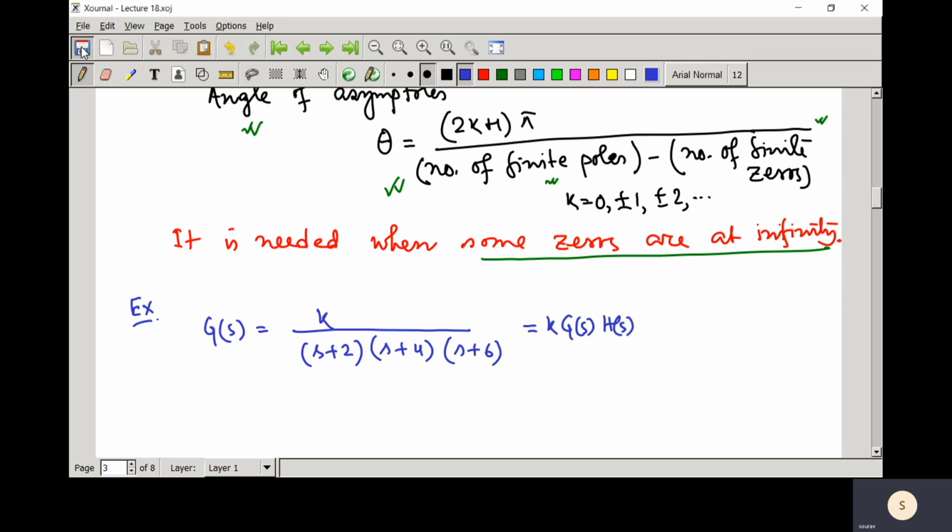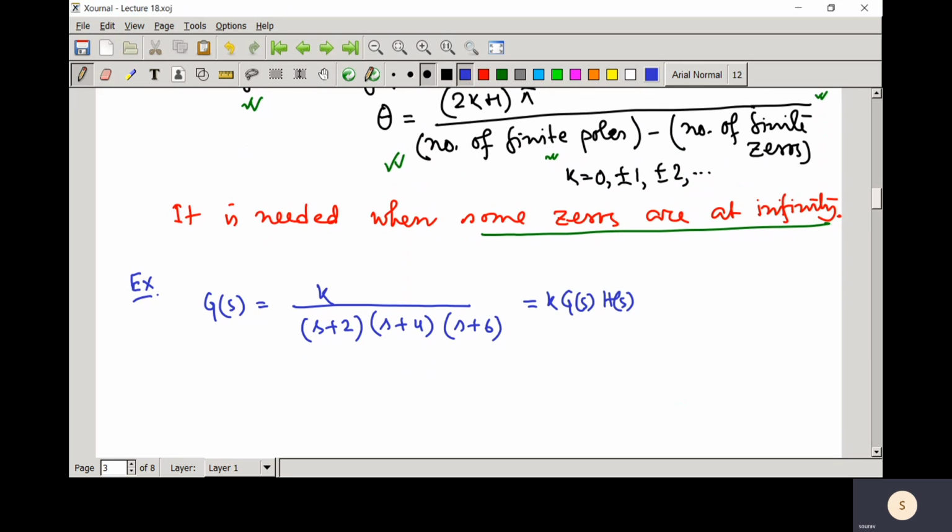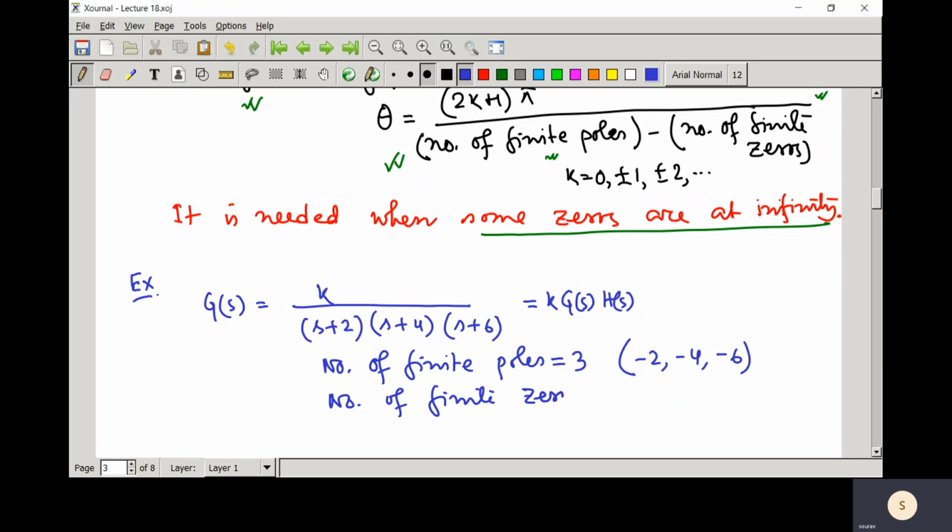Now we are trying to understand how many finite poles and zeros there are. Here you can see the number of finite poles equal to 3. They are actually -2, -4 and -6. And the number of finite zeros is 0.